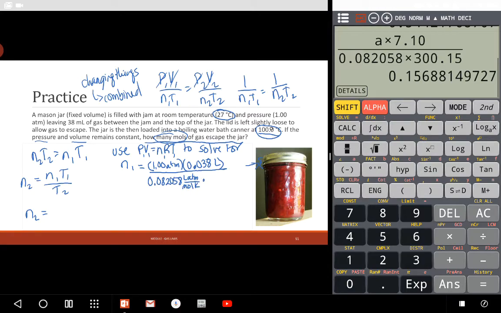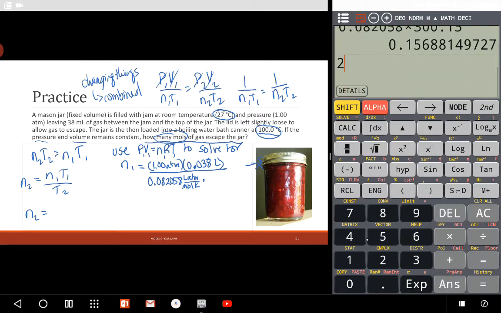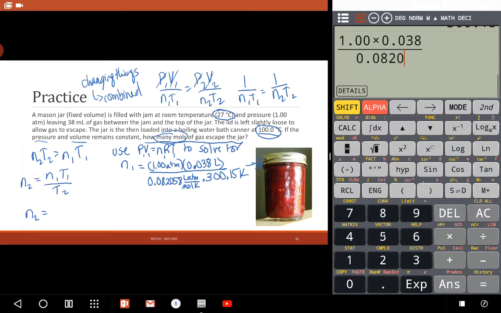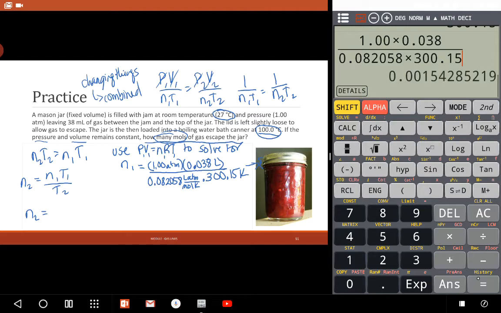And then my Kelvin temperature of the initial is 27 plus 273.15. And so that's 300.15. So my initial moles is going to be equal to 1.00 times 0.038, over 0.082058 times 300.15.